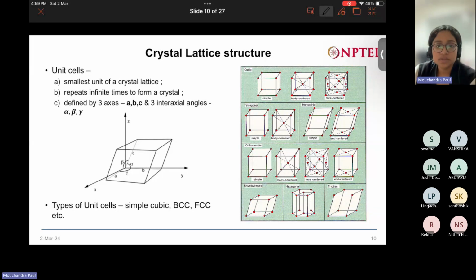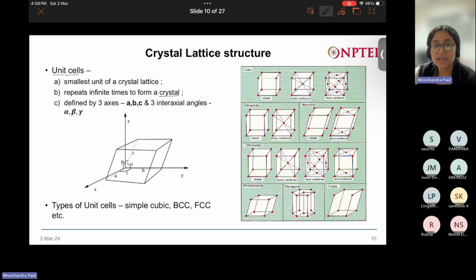So, coming to this new topic, here we'll briefly discuss the lattice structure of a crystal. The smallest unit of a crystal is called a unit cell. A unit cell repeats, and when it is repeated an infinite number of times, it forms a crystal structure.